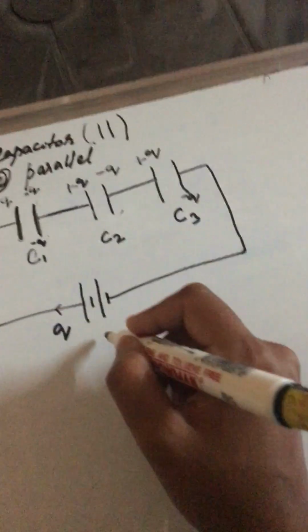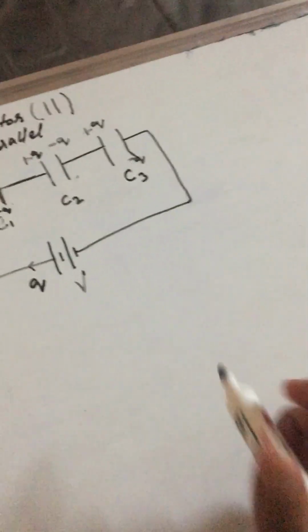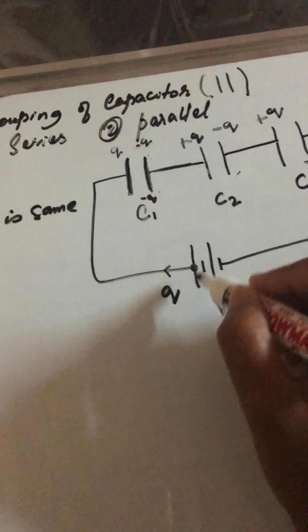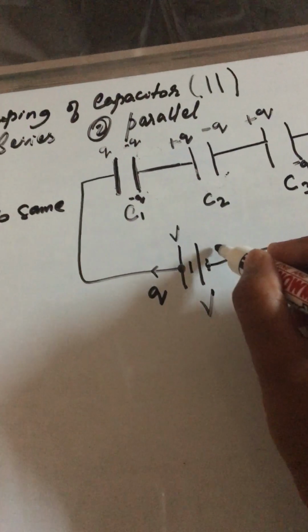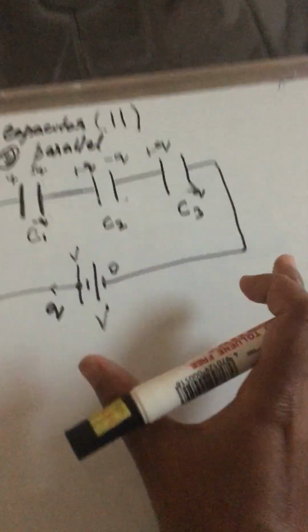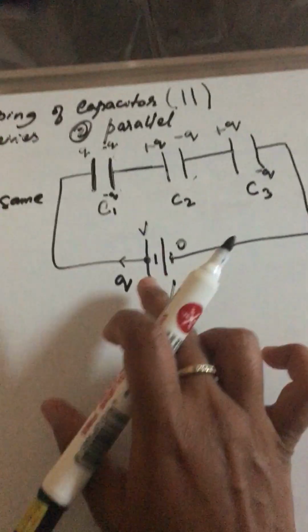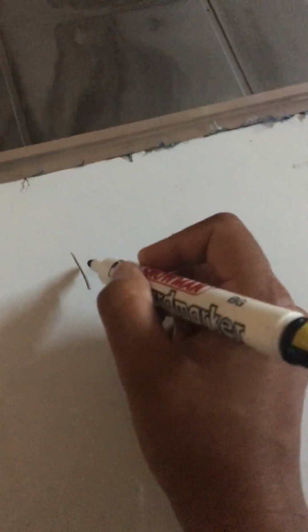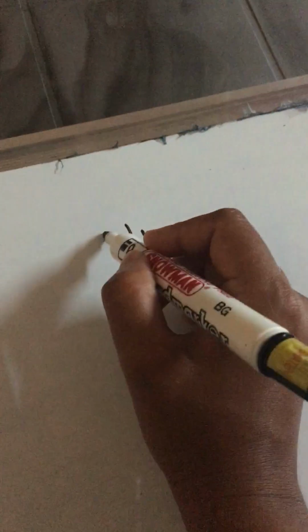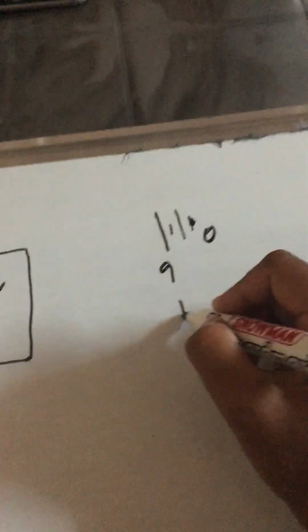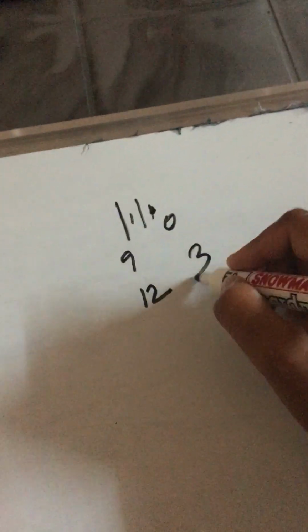Now coming to the potential. Let's say this battery has potential V. I can say this part is at potential V and the other is 0, right? V is the potential difference, meaning the difference. This can be 12, this can be 0. Suppose I have a battery of 9 volt. I can say this one is 9 and this one is 0, or I can call this one 12 and this one 3.